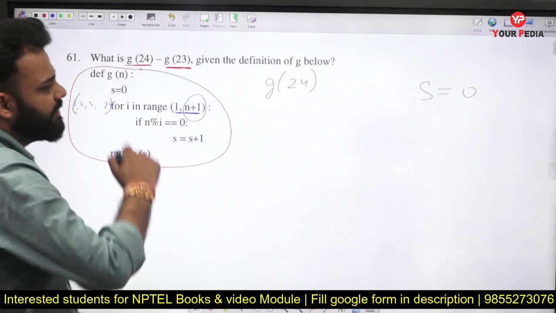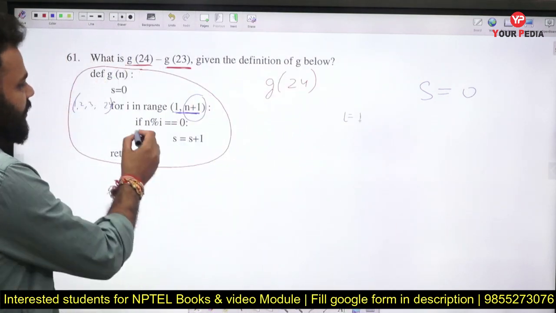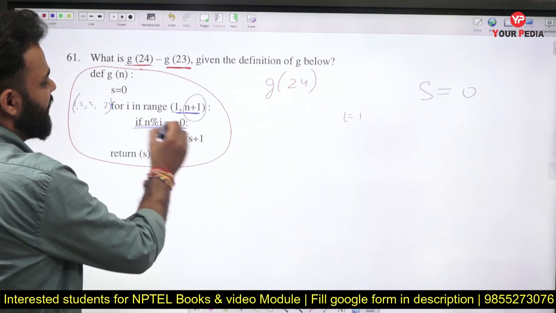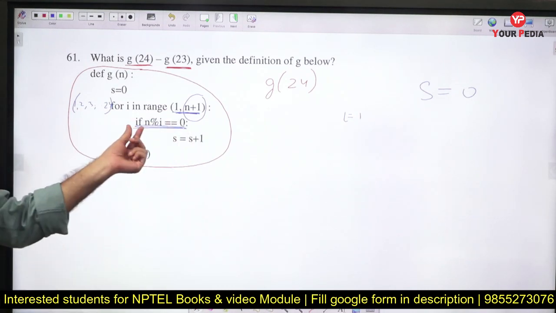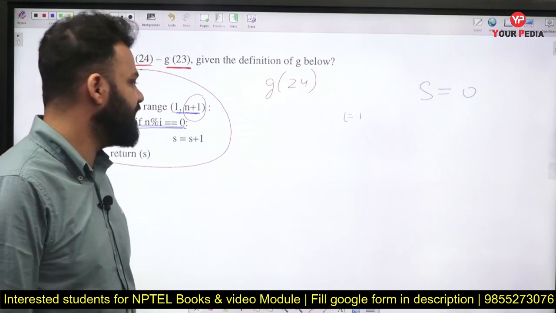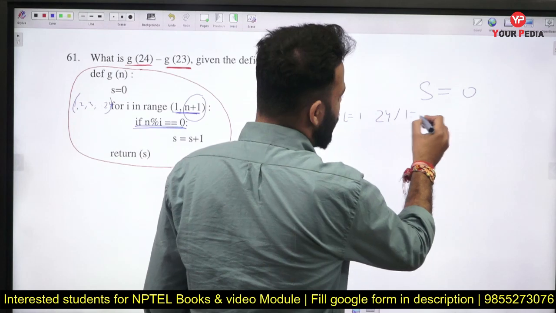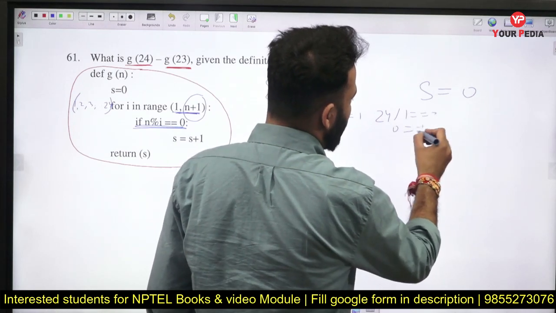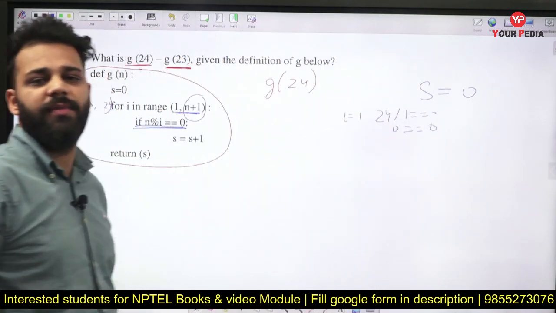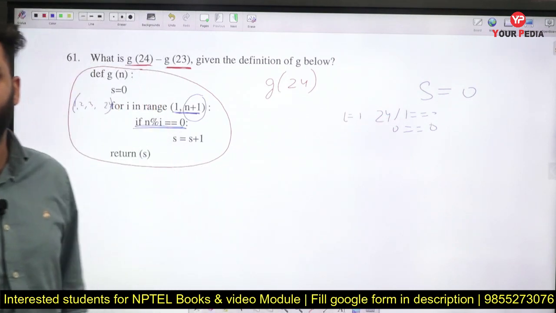Now if you enter the loop for I equal to 1, there will be a checking condition: if n % I equal to 0. Now 24 % 1 equal to 0, yes, this is true, because percentage will give you the remainder, and if 1 is dividing 24, then the remainder will be 0.